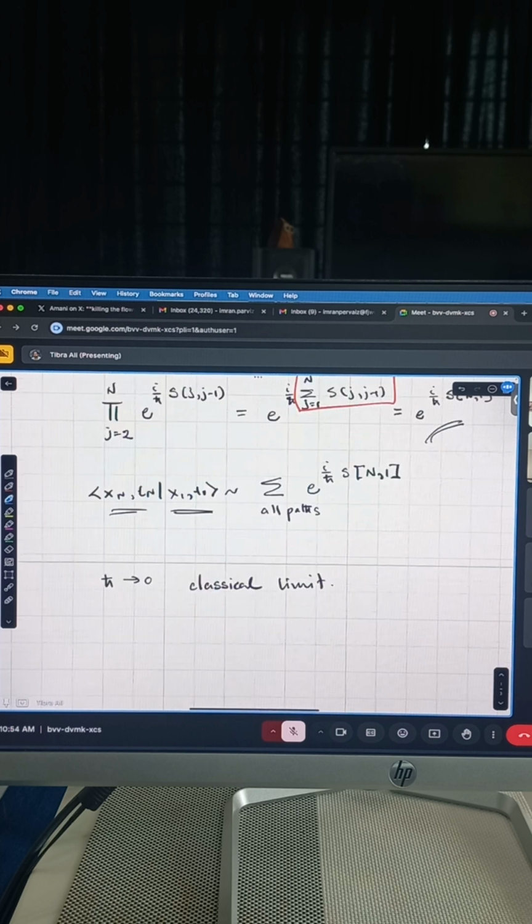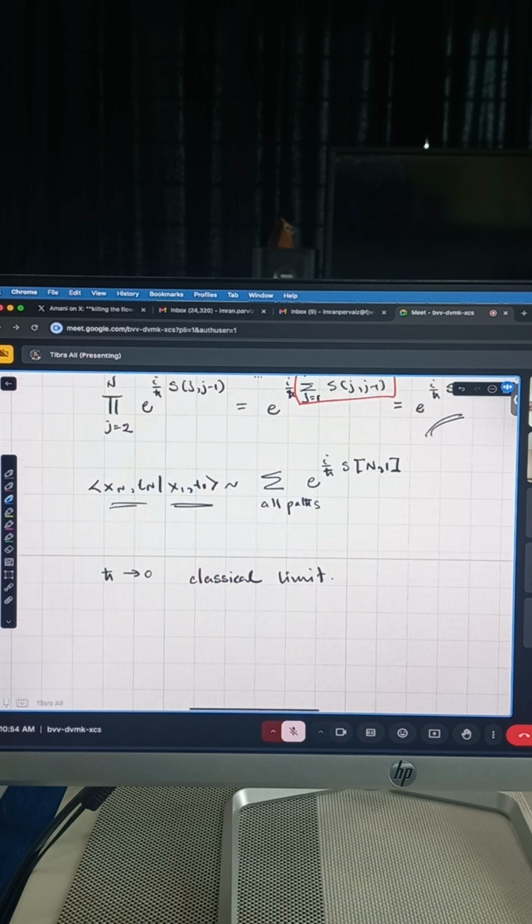And that classical path is going to be the dominant contribution to the path integral, because around the classical path, the phases from the classical path and its neighbors will constructively interfere, and therefore it'll dominate.